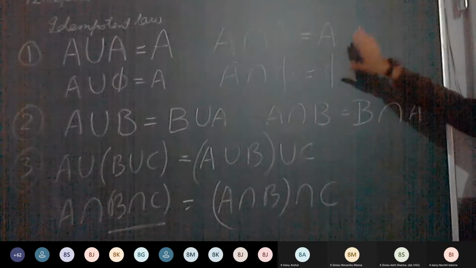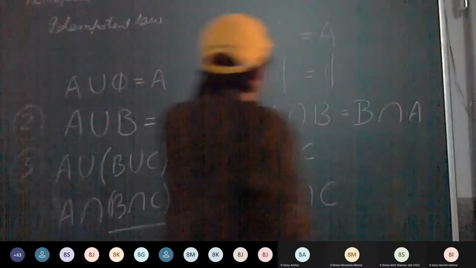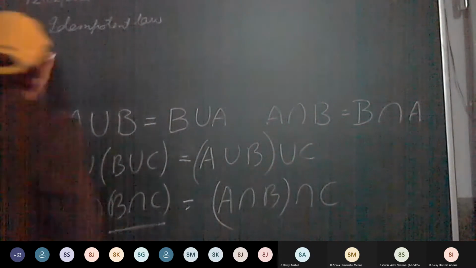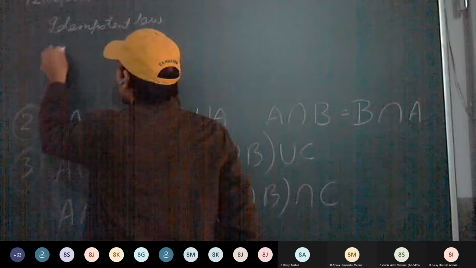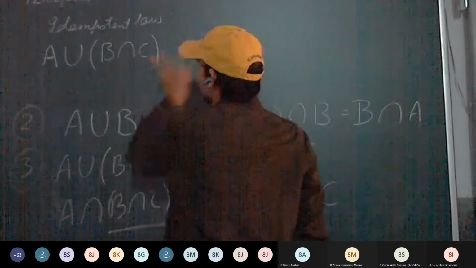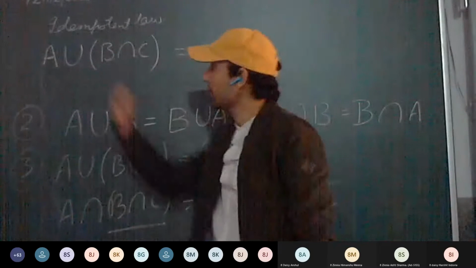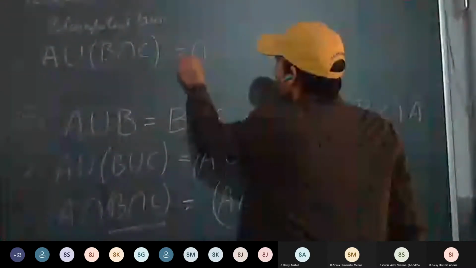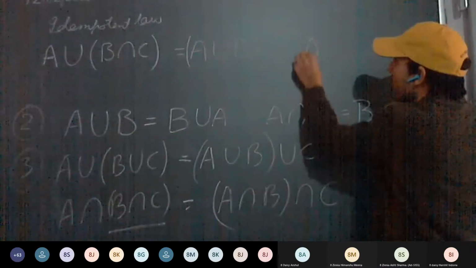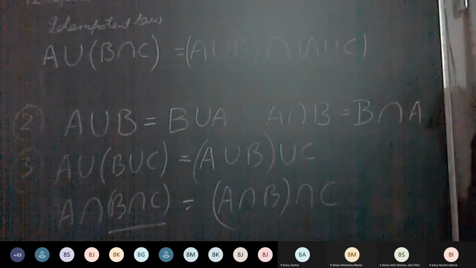Fourth, we'll be discussing which law? Distributive law. A union, B intersection C: first we calculate B intersection C, then union with A. Or we can do it like this: A union B first, and A union C first, and then taking their intersection.